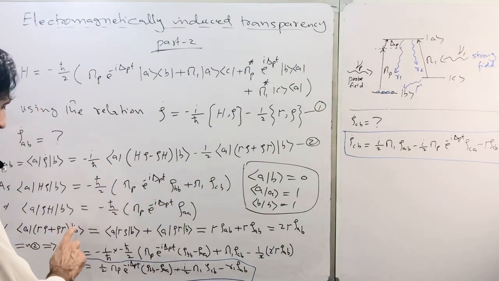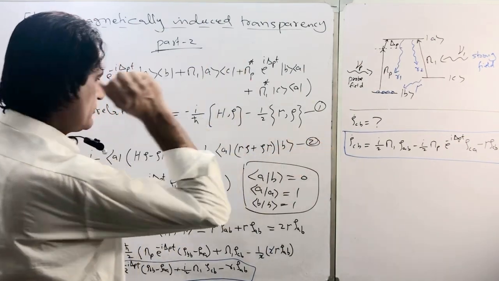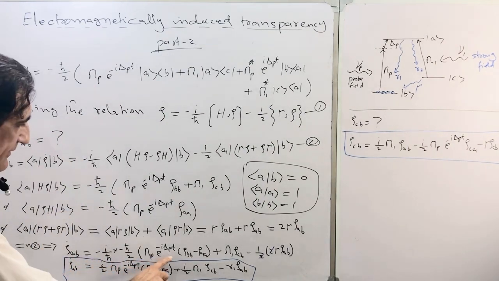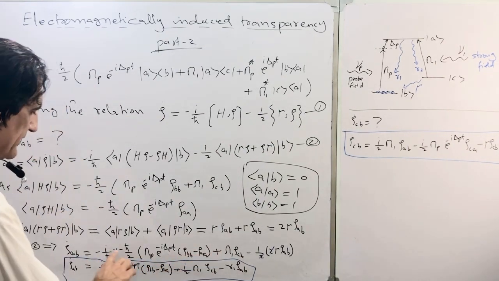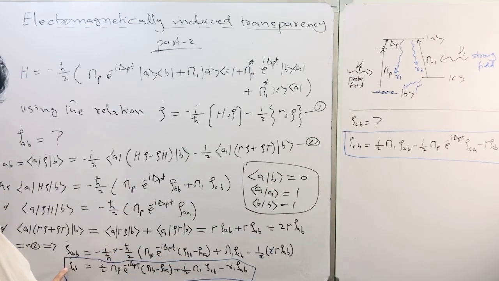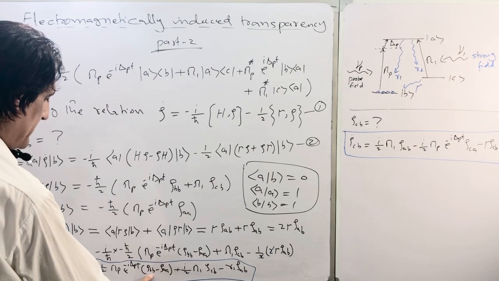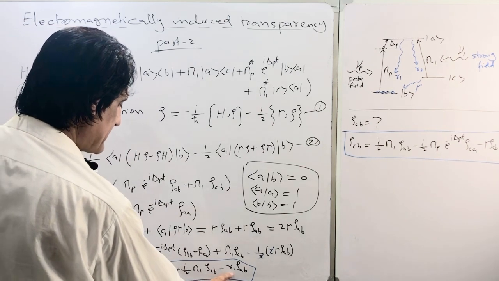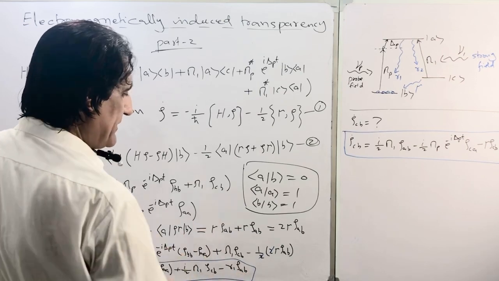Now put this and this in equation number 2. Then we have this kind of equation. And finally, we have rho dot AB, which is equal to iota divided by 2 omega p e to the power minus iota delta pt, rho BB minus rho AA plus this CB minus gamma 1 AB.